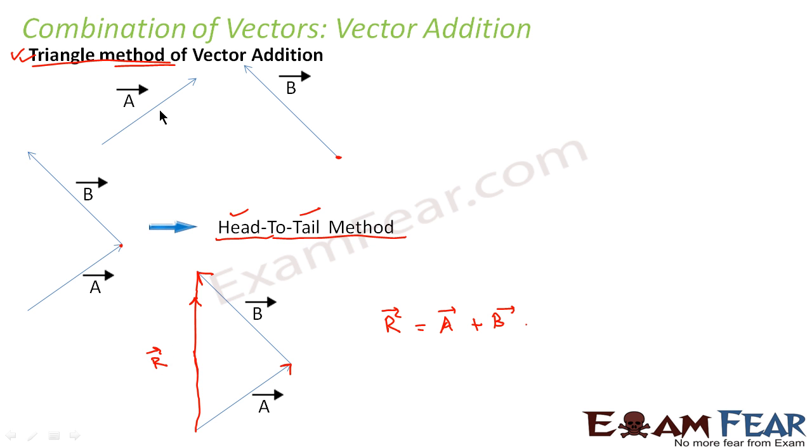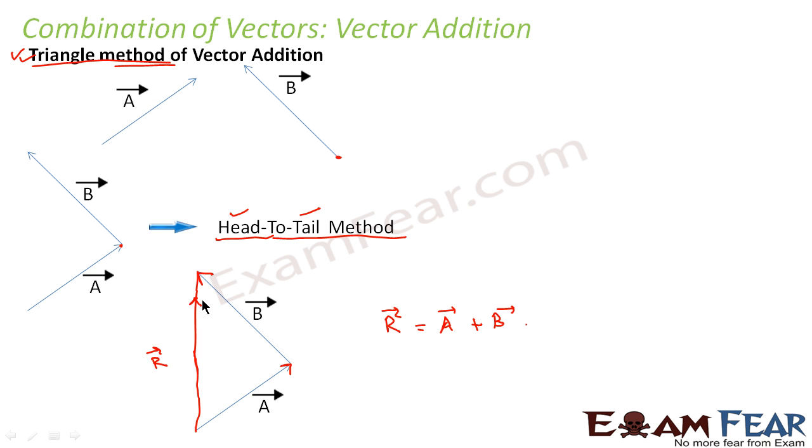So what we did, once again we'll review. We had two vectors. We placed one vector A as it was. We took the other vector and we placed it with A in such a way that the head of B coincides with the tail of A. After that, we joined the free ends of both the vectors to form a triangle.